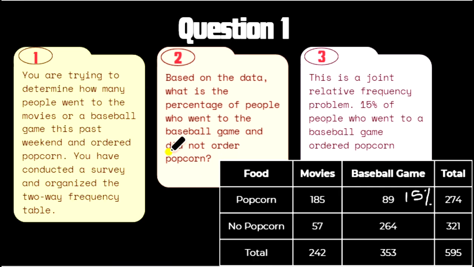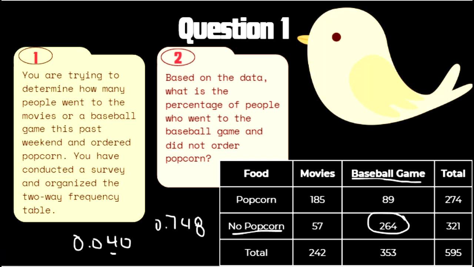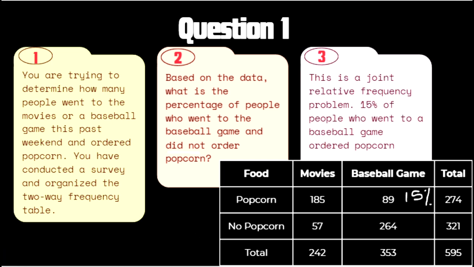It says right here, did not order, and then it gives us the answer for how many people did order. So if we said 75%, yeah, that would be right. We were right. So it's actually 75%, but they're giving us a confusing answer because 75 plus 15 would give us 100. I guess because I love math.